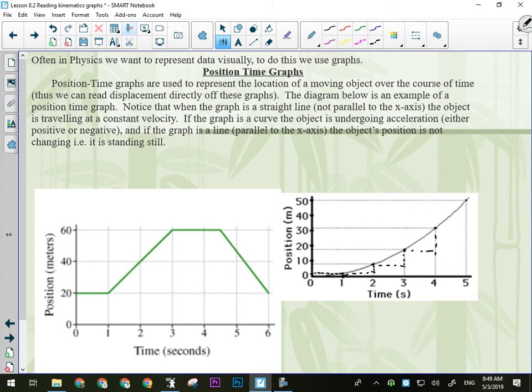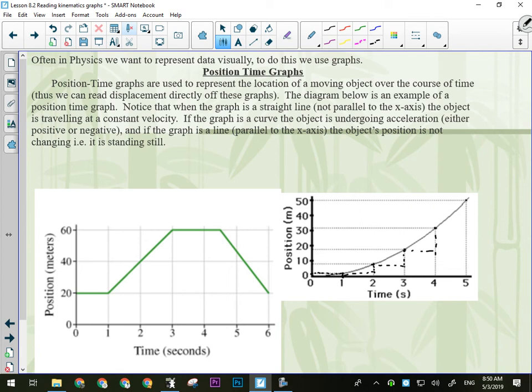Okay, so that's what this is showing us. Okay, the horizontal dotted lines I drew are all the same length because they're all 1 second long. Okay, but each second I went farther than I did the second before, meaning I was also going faster than I was the second before. Right, so if we see a curve on a position versus time graph, okay, that's indicating that the object's velocity is changing. In this case, the object is speeding up.